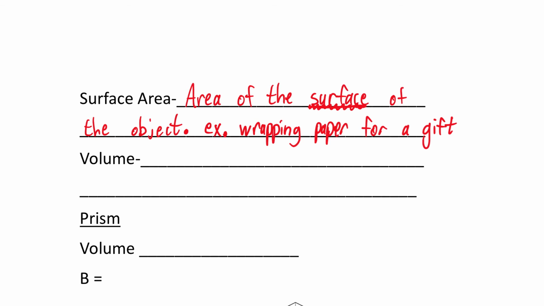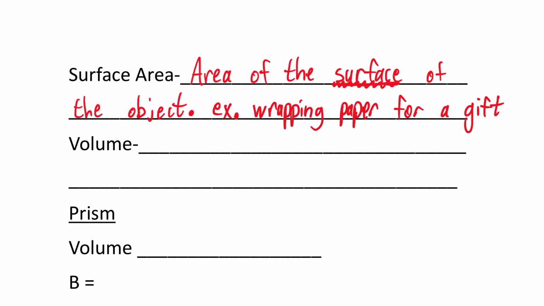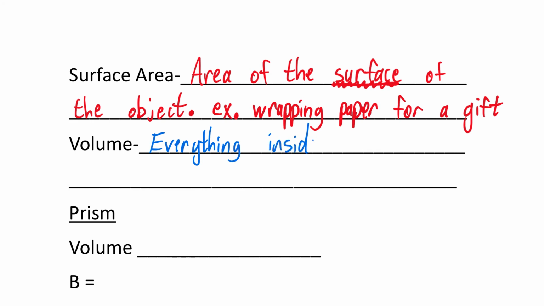But today we're going to talk about volume now. So what is volume? Everything inside. Okay, that'll work. So volume is everything inside the object, with emphasis on the word inside, as opposed to surface area, which is on the outside.